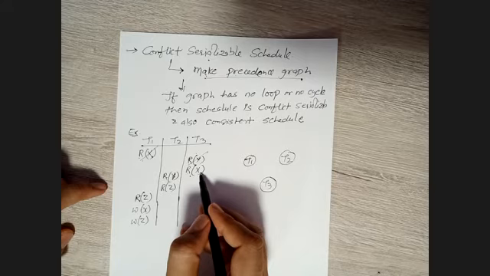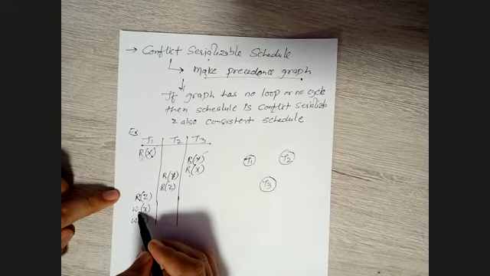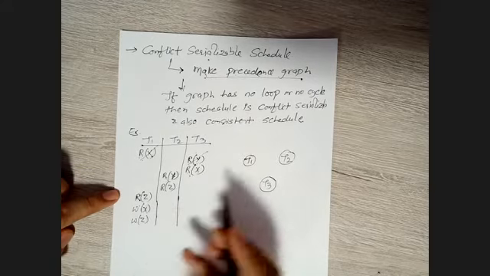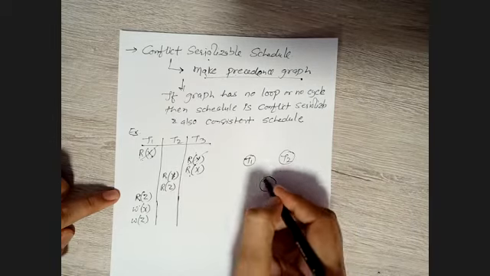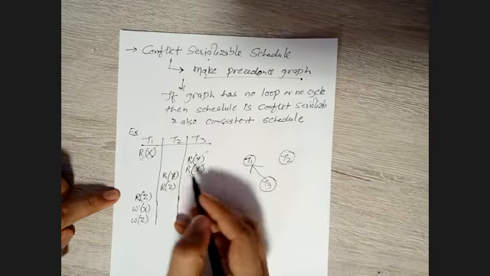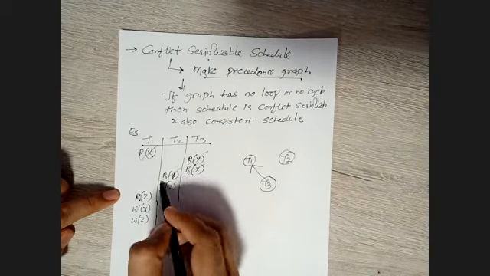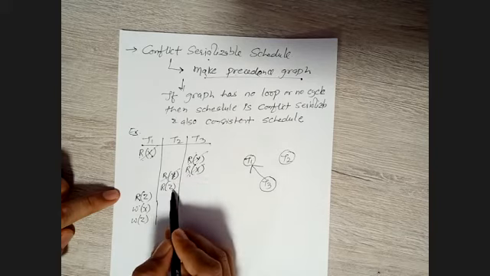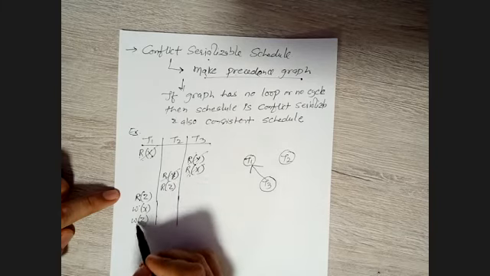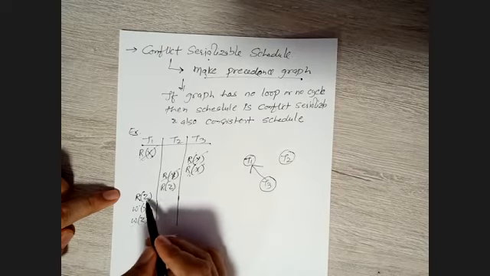For read of X we have, yes, write of X, that is from T3 to T1. So from T3 to T1. Okay, so write of Y, is there any? No, probably. Read of Z, there is write of Z, that is from T2 to T1.